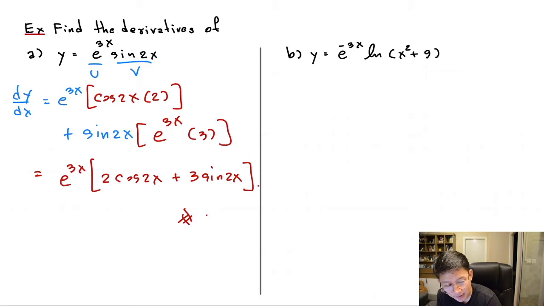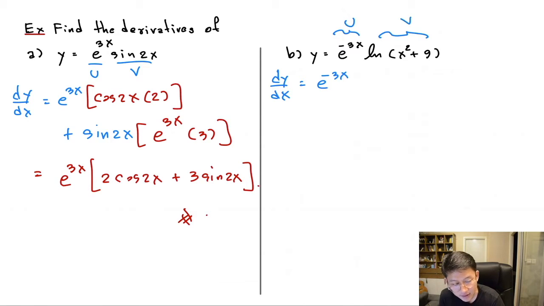Here again, we have u and v. So dy by dx is u, which is e to the minus 3x, dv. What is dv? dv is log of x. The derivative of log of x is 1 over x.